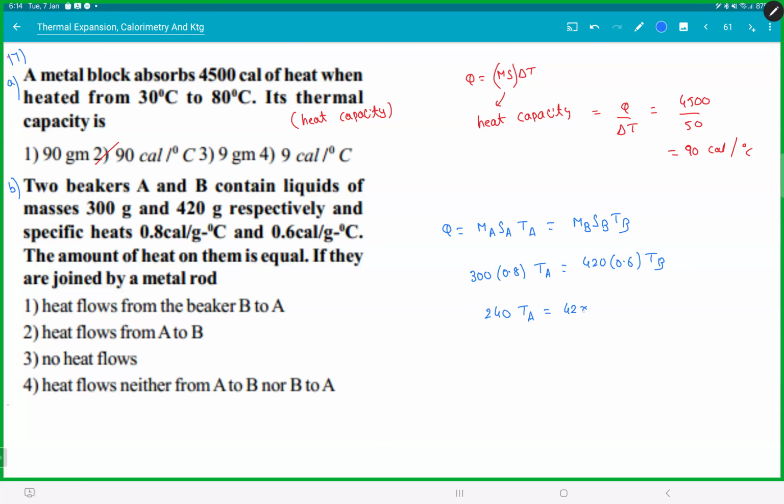This is 42 into 6 TB, 6 40. So you can clearly see TA by TB is 21 by 20. So TA is greater than TB. So heat flows from A to B. See, heat doesn't care where there is more heat. It is not like heat flows from high heat to less heat. That's a wrong statement. So you mean to say water flows from more water to less water?